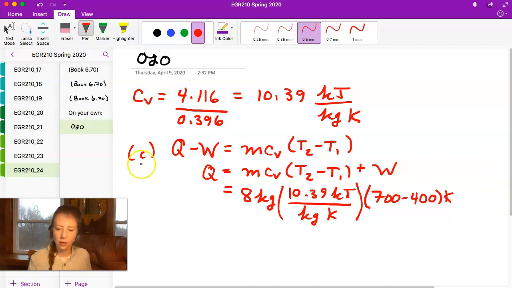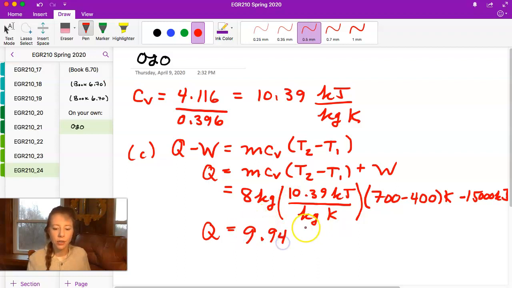And then we have to add work, which was minus 15 megajoules, which is 15,000 kilojoules. So this is going to give us Q is equal to 9,940 kilojoules, or 9.94 megajoules.